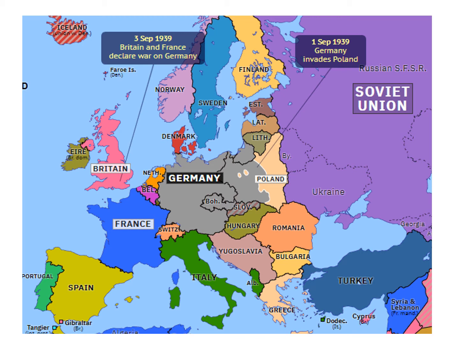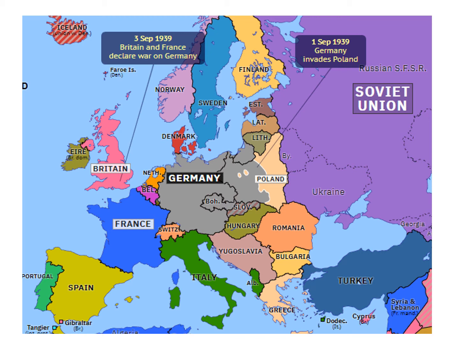If you need your answers checked, if you just type in a map of Europe, 1930s, make sure it's before 1939, it should show you. All right. Yeah, and then Hungary's that one. Belgium's the little one. Hopefully you knew where Germany, Britain, France and Spain are. That hasn't changed at least.